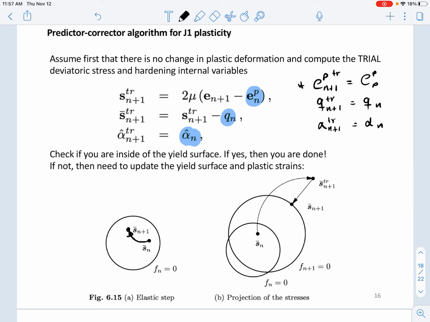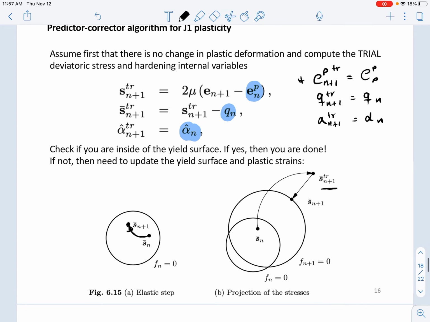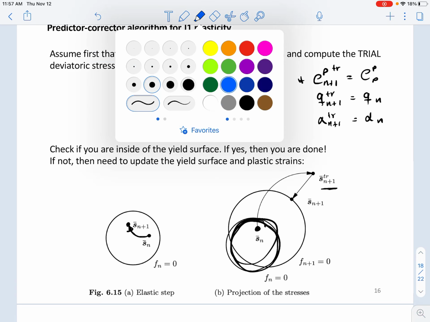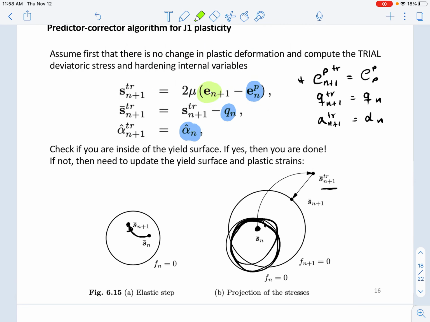Or it could happen that when you evaluate this trial stress, you are actually outside of your initial yield surface. So this was your initial yield surface, this was your initial point, and then based on your current, and this is what comes from the global Newton-Raphson, right? So this is from the global Newton-Raphson, this green one.